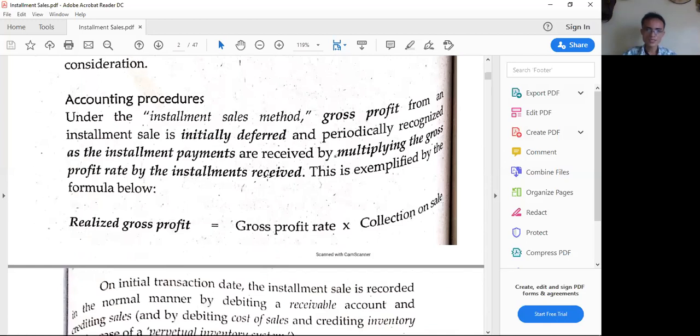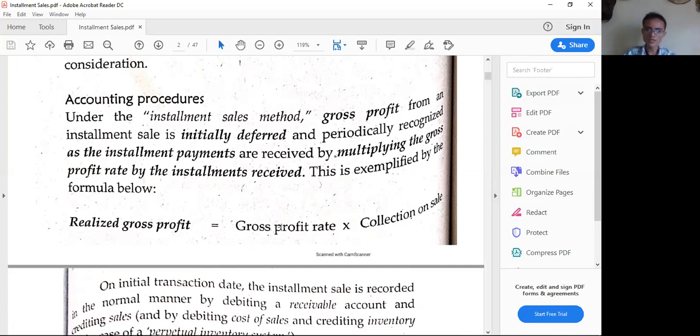initially deferred, then we are going to allocate or amortize the deferred gross profit over the periods that there are collections. So whenever there are collections, then we are going to get the realized gross profit. And that's why the formula is multiplying collections with a gross profit rate. So the gross profit rate is also to be noted because if this is based on sales, it's easy.